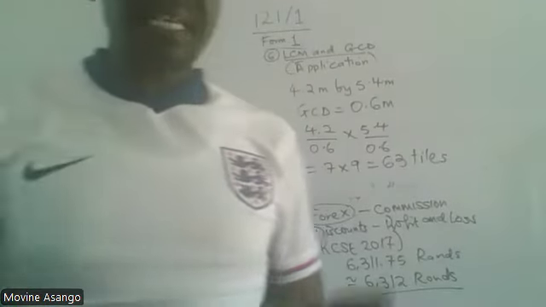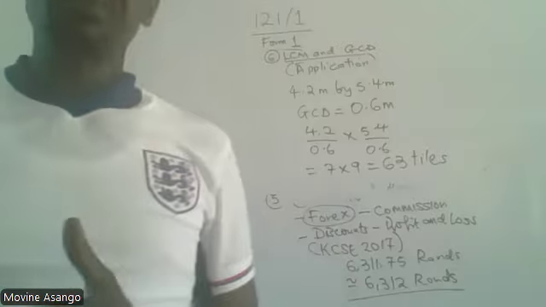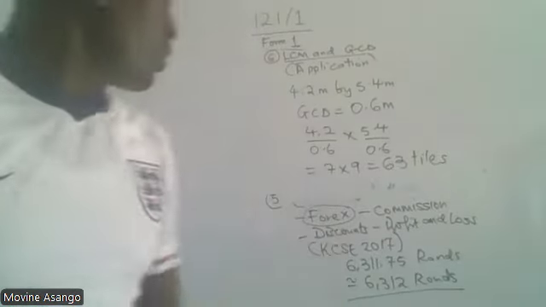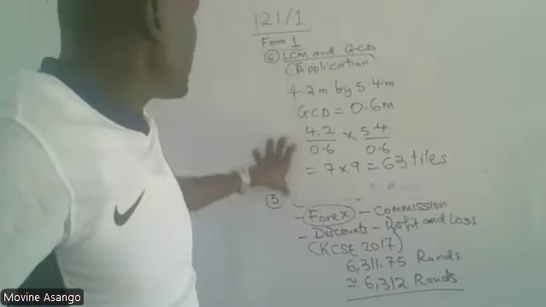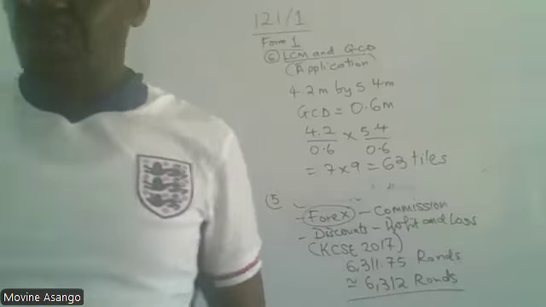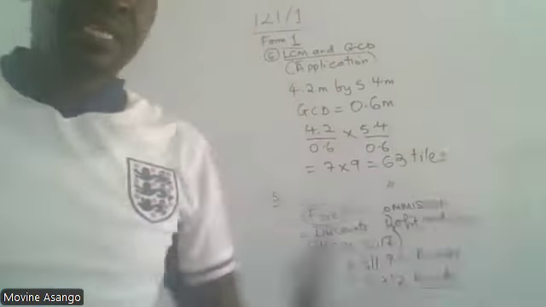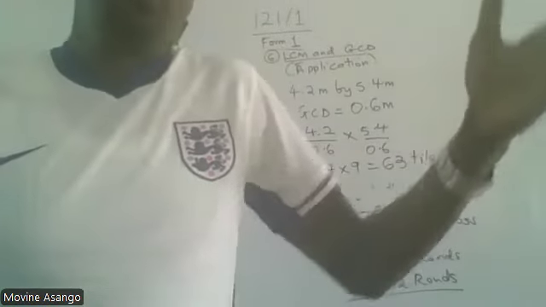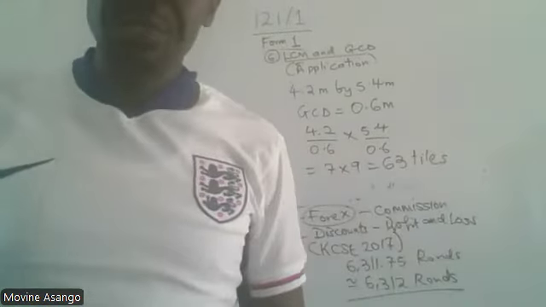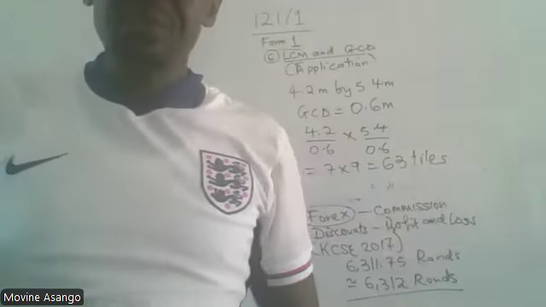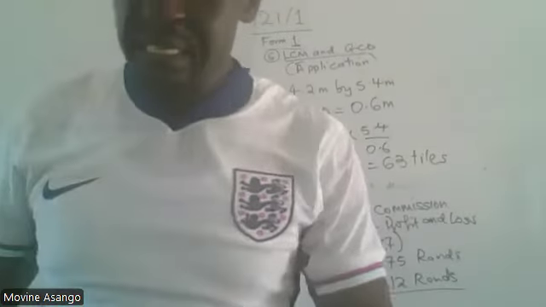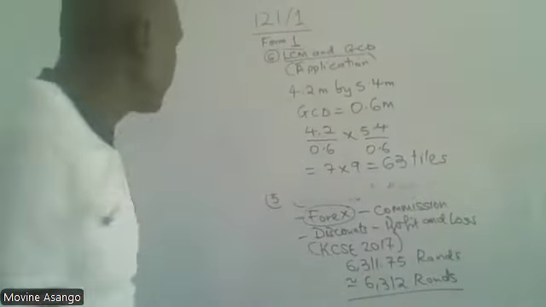I want the candidates, whether you're in Form 3 or in Form 4, to look into different questions from KCSE spanning 2018 to 2023 and solve the questions involving LCM and GCD.